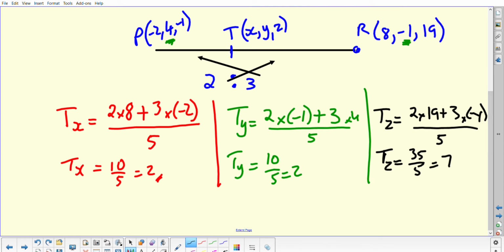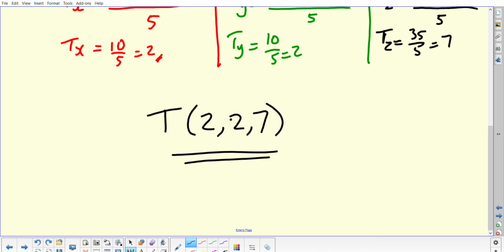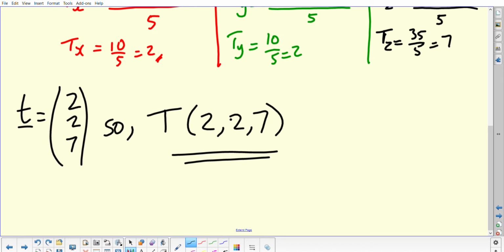And therefore your point T has got coordinates 2, 2, 7, and we've just been able to work them out using the section formula. You can also write down that the position vector is 2, 2, 7. Right, so the coordinates of the point T would be that, and that was what we got before.